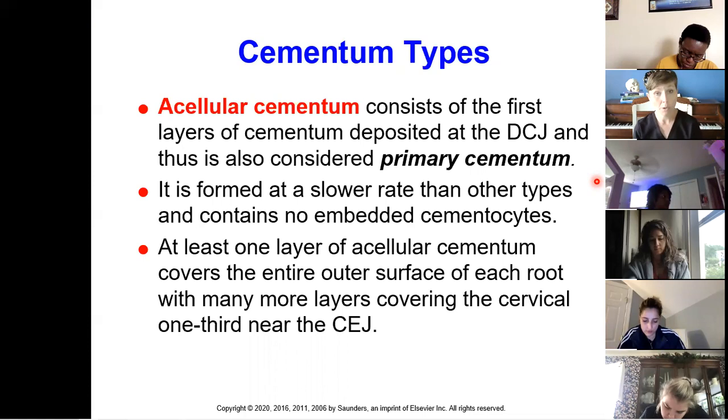It is formed at a slower rate than others and contains no embedded cementocytes. At least one layer of acellular cementum covers the entire outer surface of each root, with many more layers covering the cervical third near the CEJ. So the cervical third would be closest to the CEJ line.